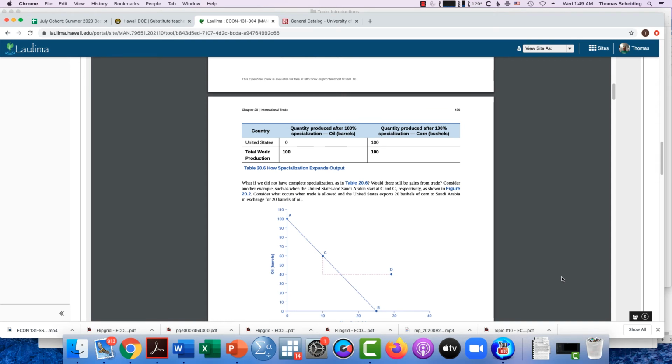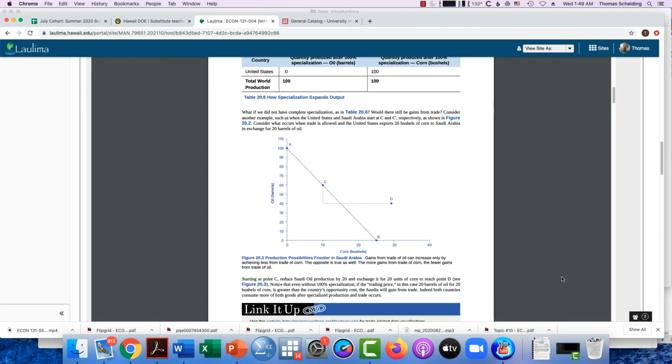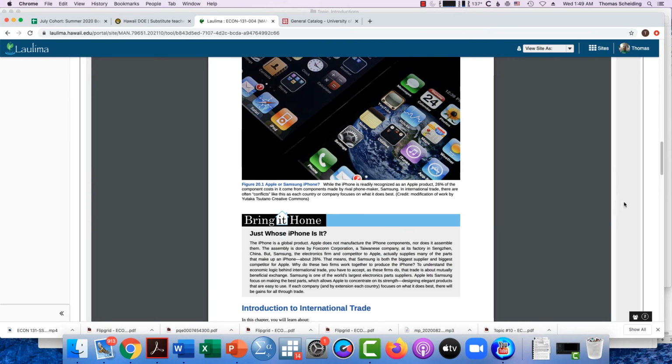In both of these chapters, a graph known as the production possibilities frontier, where the slope of this curve is the opportunity cost, how much oil is given up to produce more corn. That's the concept of opportunity cost, and it's also the slope of the production possibilities frontier.